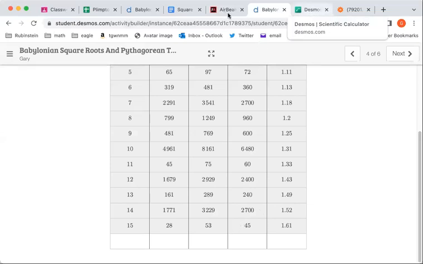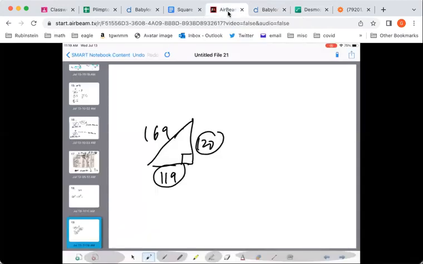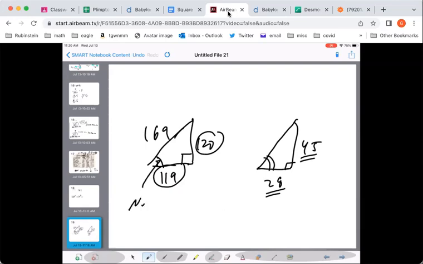So what happens is that this ratio is bigger now, which causes this angle to be bigger than that angle. See, in the beginning, for the first one, the angle's practically 45 degrees. I'm going to write near 45 degrees because it's almost a 45, 45, 90 triangle because 119 and 120 are so close to each other.